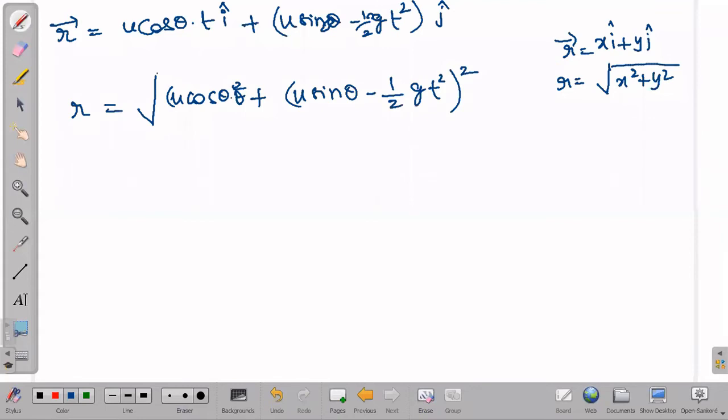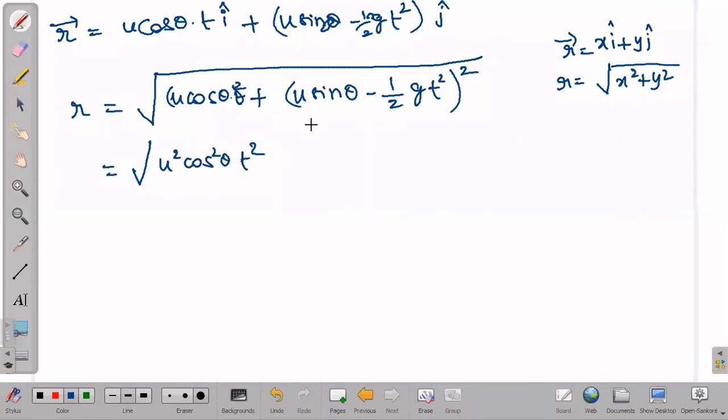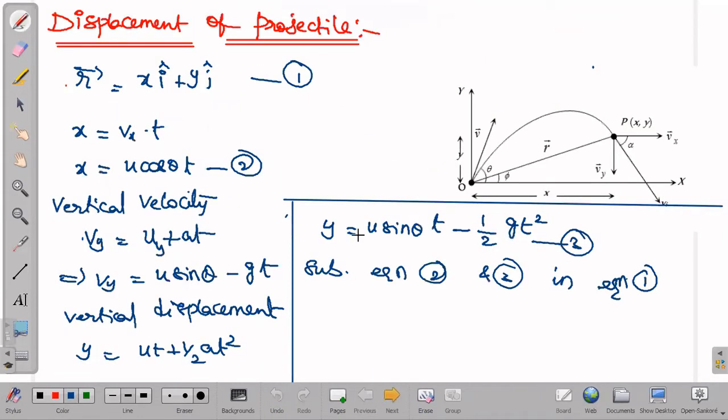Now if I simplify this, square root of u square cos square theta into t square, next, oh, I missed one t here. Let me go back and check whether I have written t or not. Here it is there, u sin theta into t, right? That t I missed in the next step.